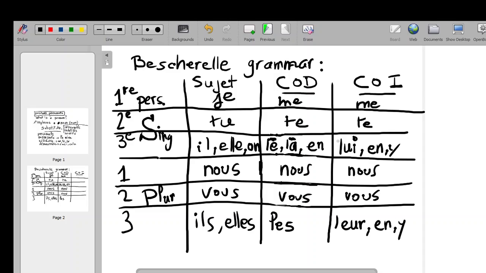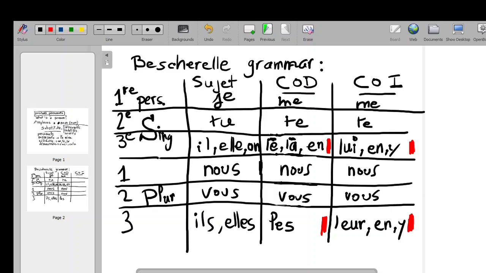So what I'm gonna do is focus on this, the third person singular, COD, third person plural, but probably I'm just gonna focus mostly on the singular, and same thing here. I'm gonna focus on those.